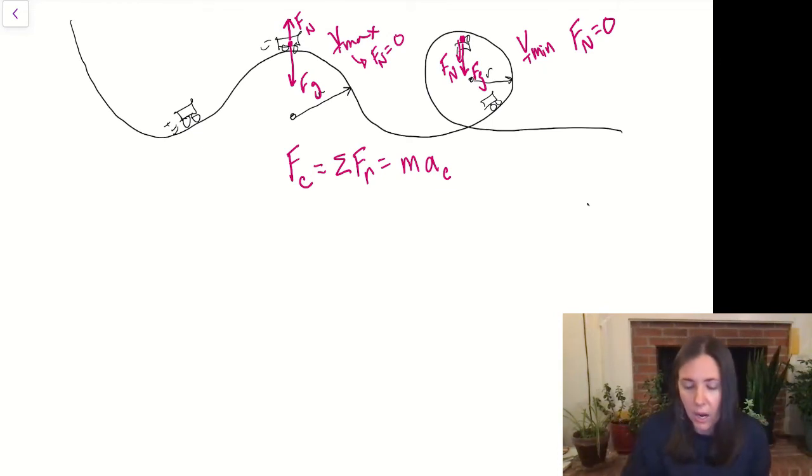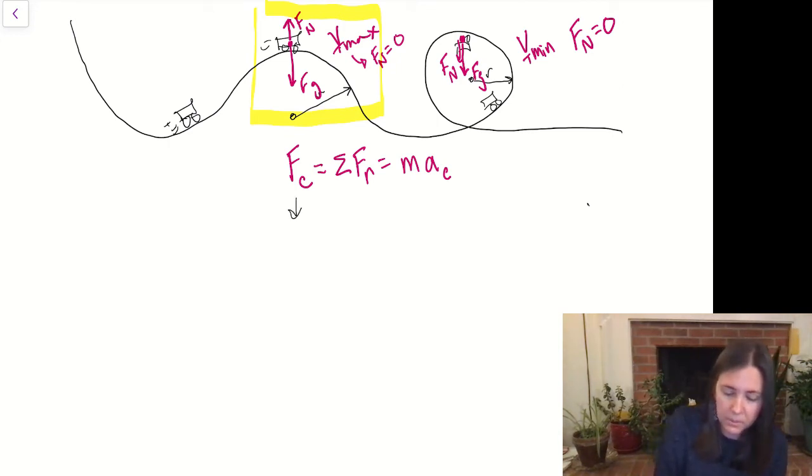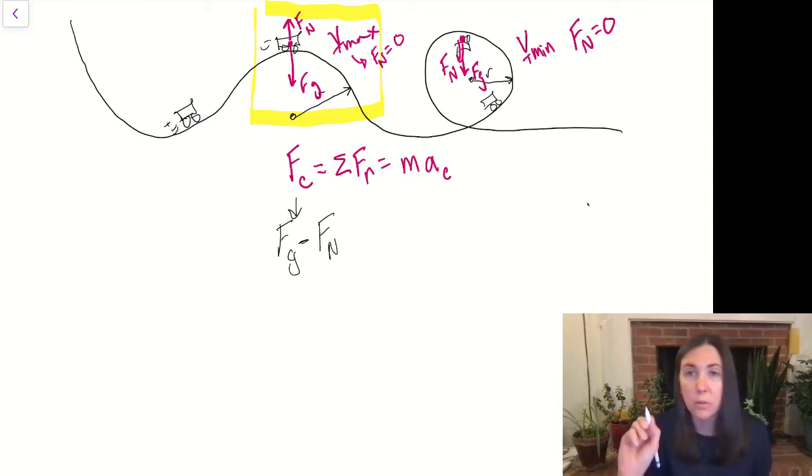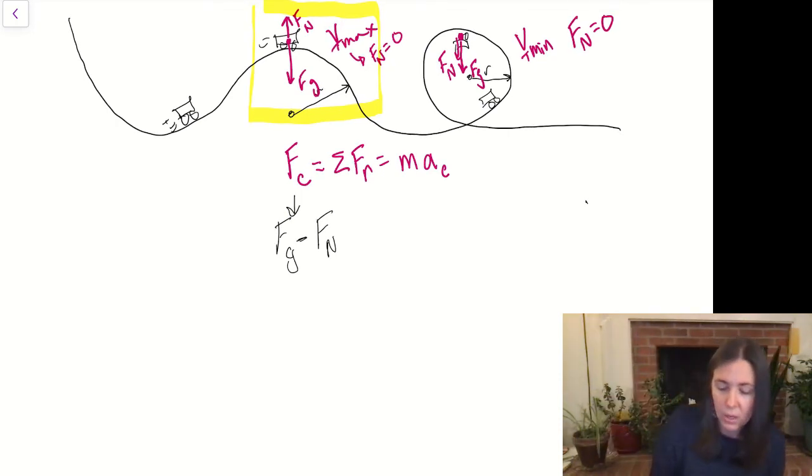I'm just going to use this maximum speed as my example. Even though the centripetal force is the force of gravity minus the normal force, because the normal force is pointed out of the circle and the force of gravity is pointed into the circle, we get force of gravity minus the normal force is mass times the centripetal acceleration.